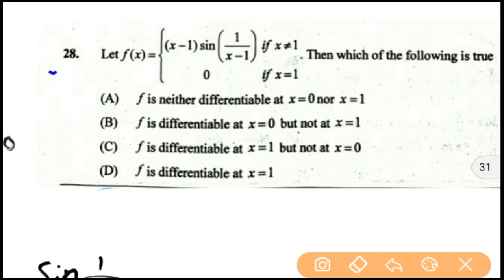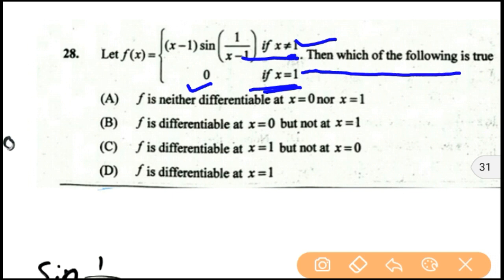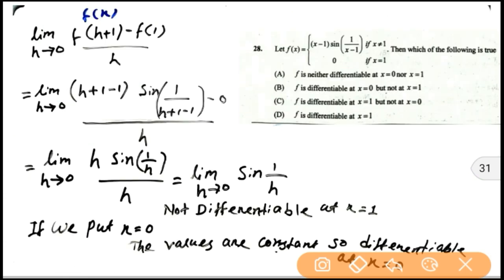In the next question, let f of x equal to x minus 1 sin 1 by x minus 1 if x is not equal to 1 and 0 if x equal to 1, then which of the following is true? We have limit h tends to 0 of f of h plus 1 minus f of 1 by h.